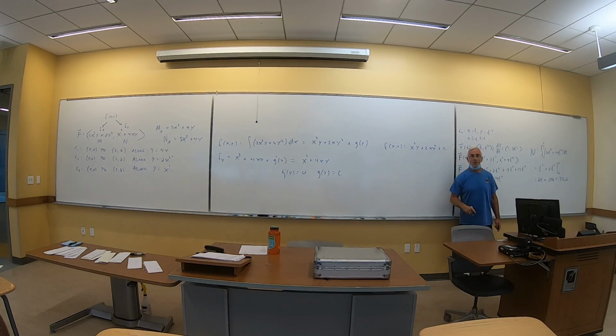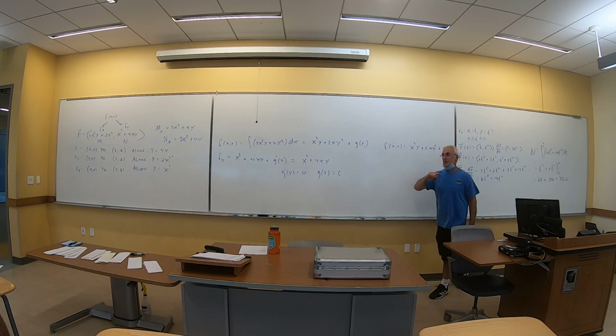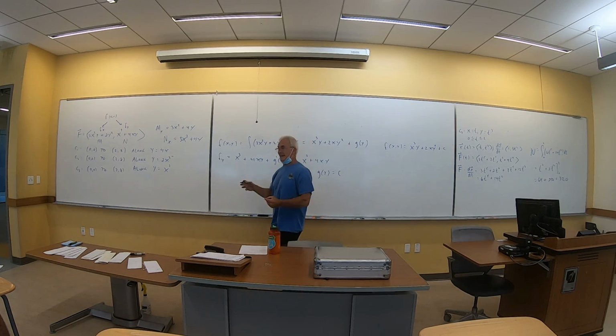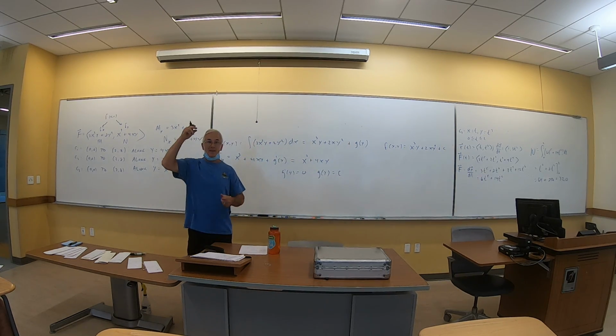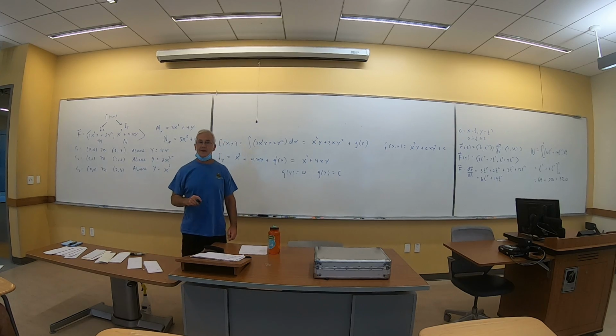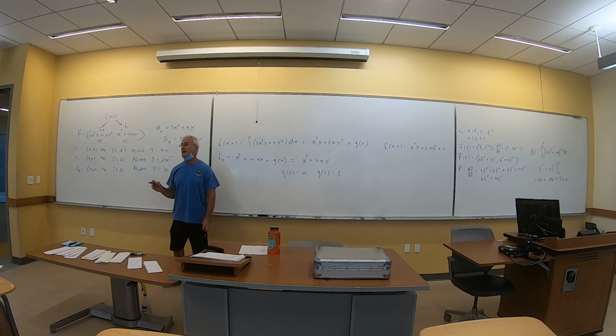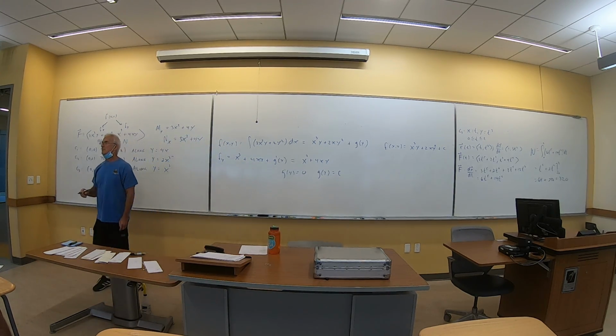Great. Now, why is this important? In Calc 1, when you integrated, you evaluated your antiderivative at the endpoints, didn't you? At the limits of integration. But why, and some people forget this part, why in Calc 1 do we just pretend that c isn't there? No, we don't pretend c is there.